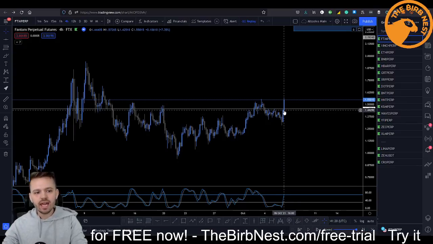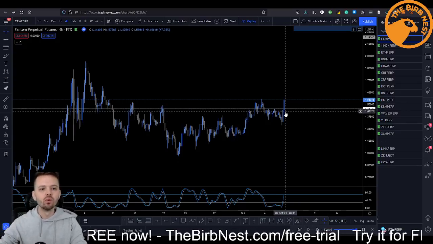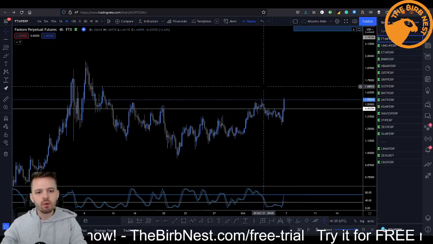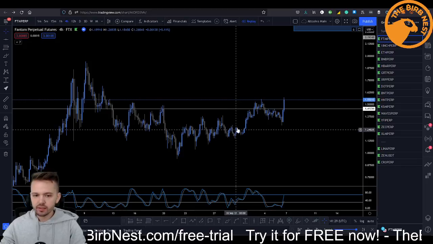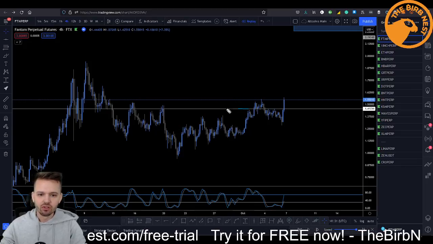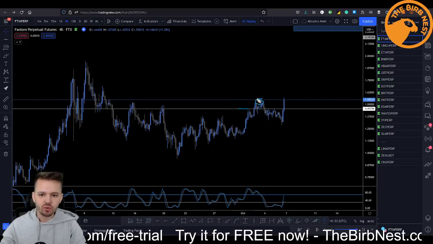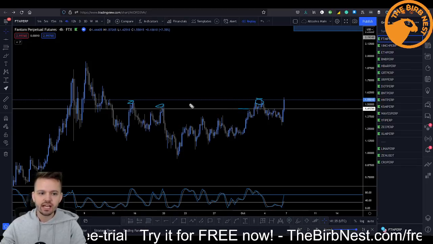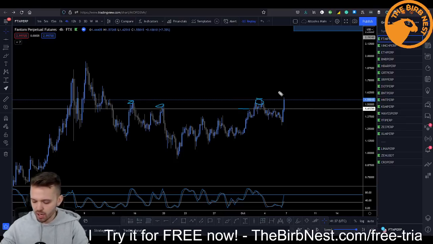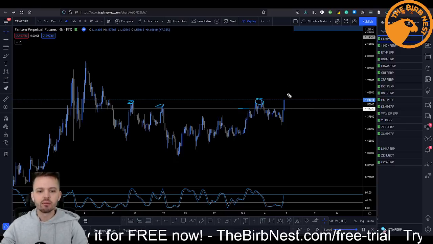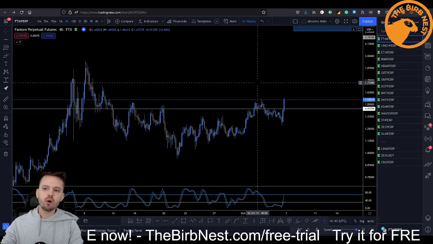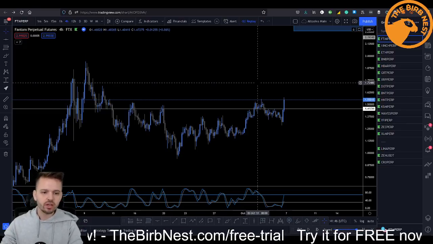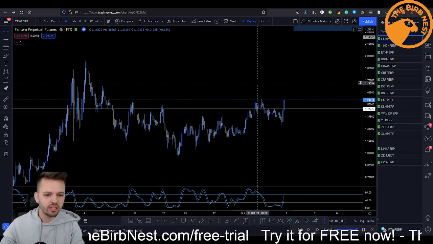You have one candle just crushing that level, closing well above, and we can now say that price has not only taken out this level, but it's also taken out these highs, this high and this high, and I'd say that this is now a proper breakout. And what we want to see now is a 4-hour opening and closing. So one more candle opening and closing above would definitely confirm this.